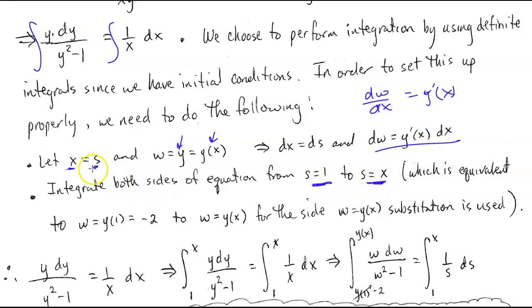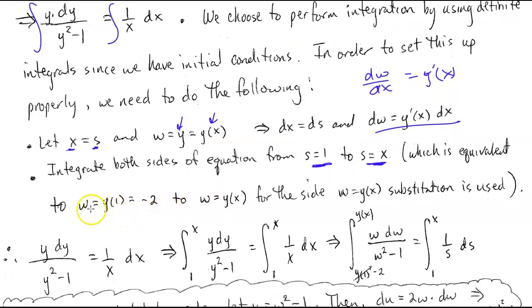And of course, we're going to do this substitution of letting x equal s to make everything work. And of course, our y of 1 here is going to be a -2. Okay. So here, if s is 1, then of course we substitute that in, since s and x are the same thing.